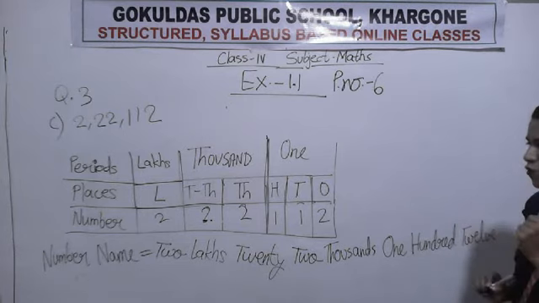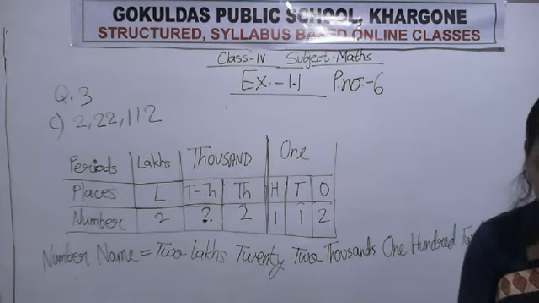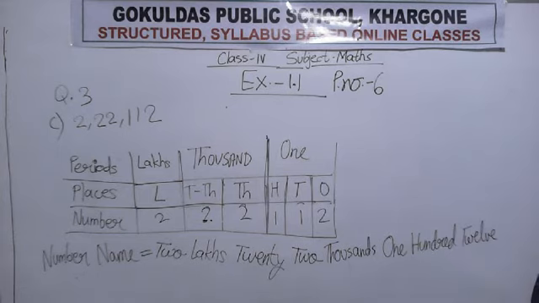Okay, so we end here. These are the 2 steps to write the number name of any given number. What are the steps? First, write all the digits of the given number in the place value table. Then write its number name according to its period: write the number, then its period, number, then its period.